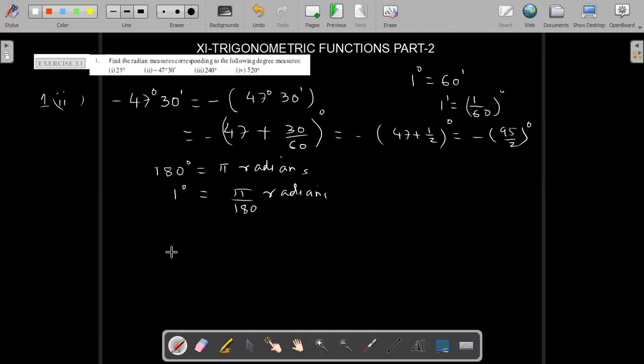And we have to convert minus 95 by 2 degree. So minus 95 by 2 degree will be equal to minus 95 by 2 into pi by 180 radians.